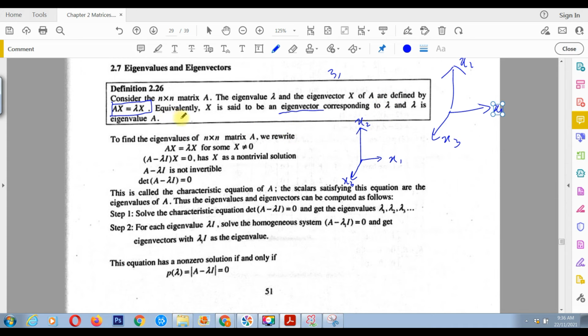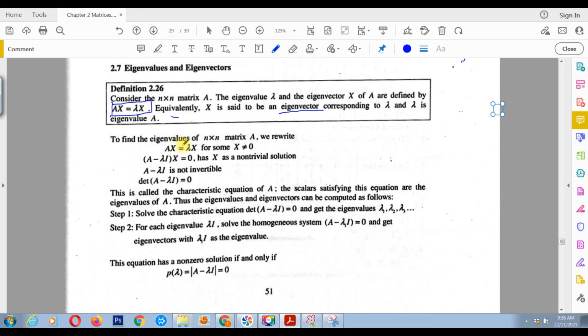So now if we have A and X, we need to find the eigenvalue of A by using this. So we will try to manipulate this formula.